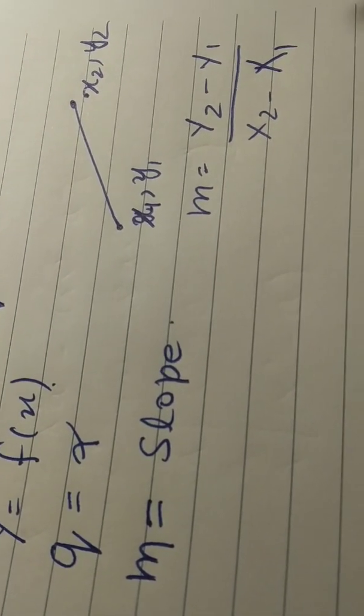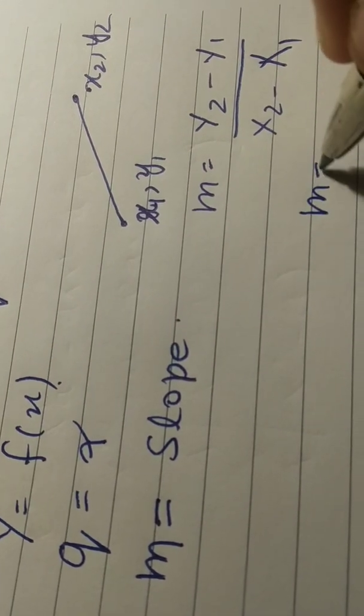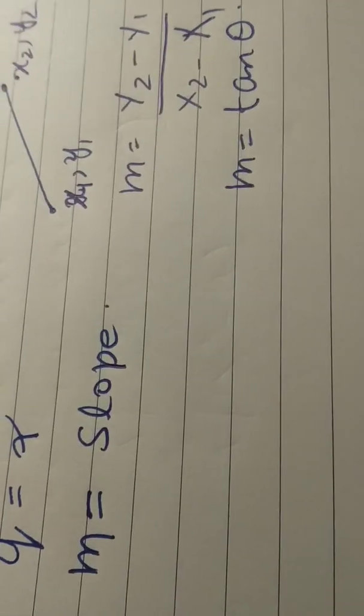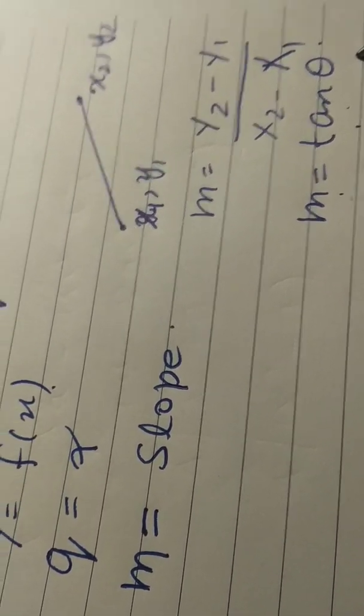There is also another way: m is equal to tan theta. If we have some angle theta, we can find the slope m is equal to tan theta. Okay.